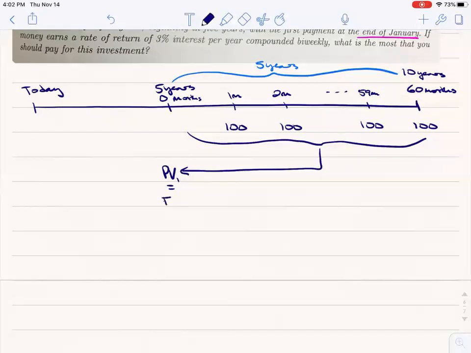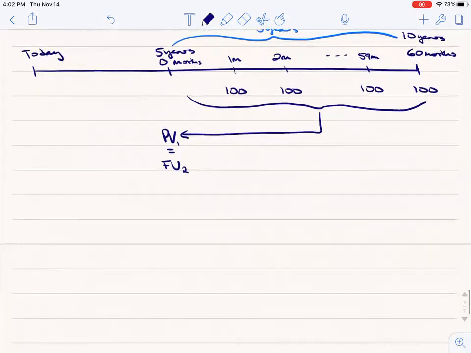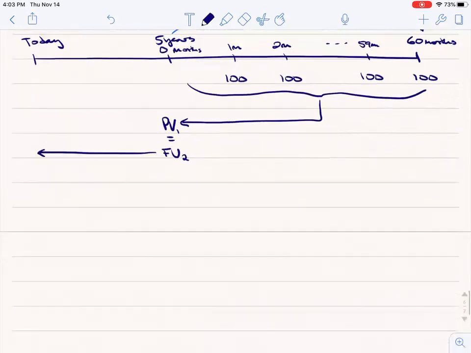And then my future value 2 is equal to the present value 1, just keeping in mind that it switches from being a present value to a future value in relationship to today. Then this future value is going to get pulled back to some present value, and that's going to be our third calculation.